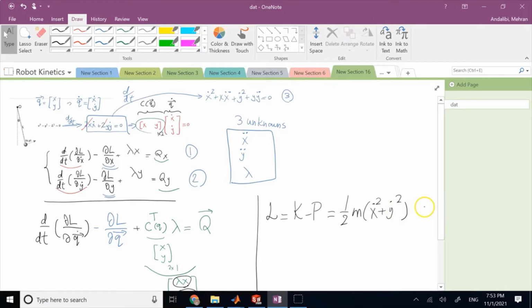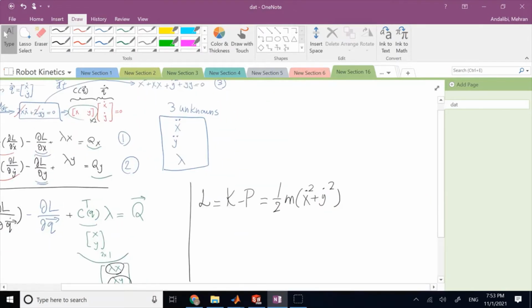And the potential energy, if you remember, it was negative, so potential energy was mg times y minus negative L, which was y plus L basically. So this was the same Lagrangian that we did last time, but this time I'm not going to eliminate this x dot term. I'm going to use it.